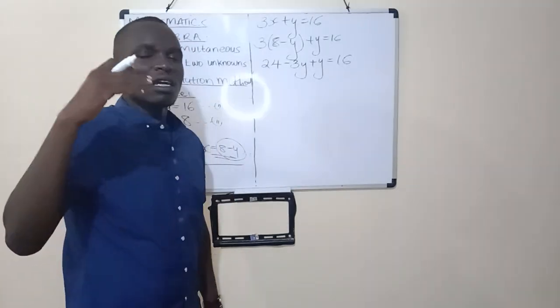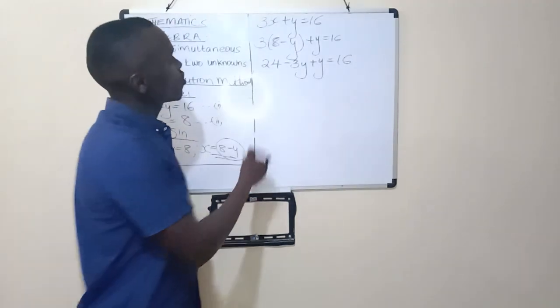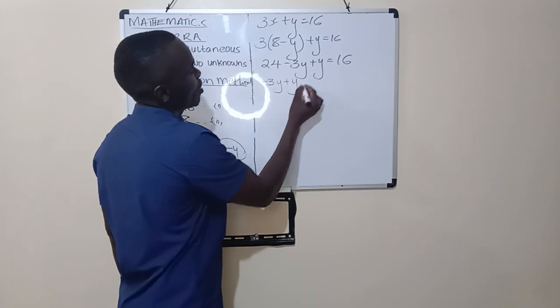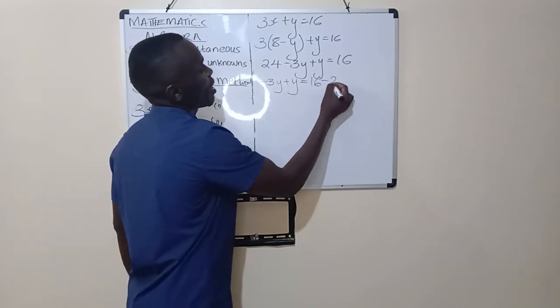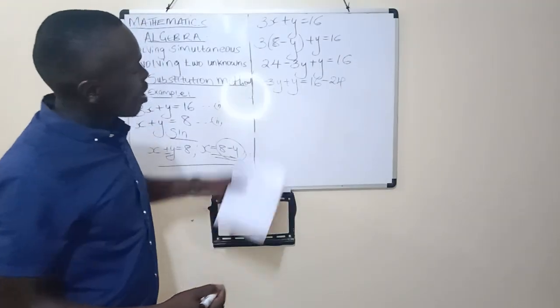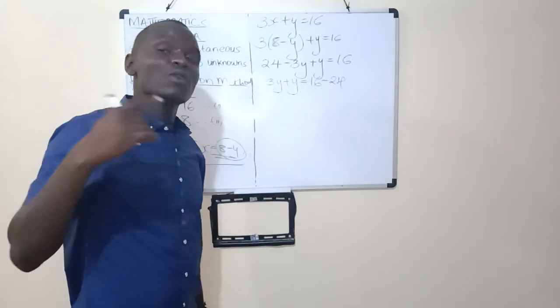So we put like terms together so that we can be able to solve. Now this one is very simple because we're going to have minus 3y plus y equals to 16 minus 24. You are going to have it this way. So we're going to have, we have a debt of 3, but we have 1.